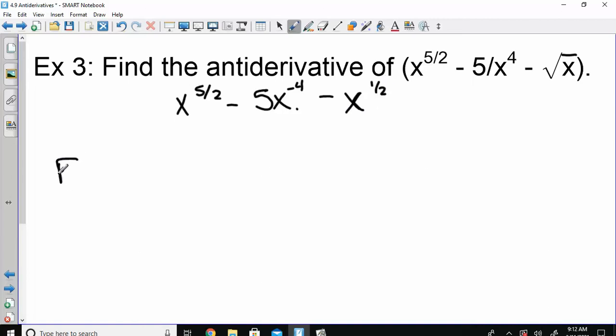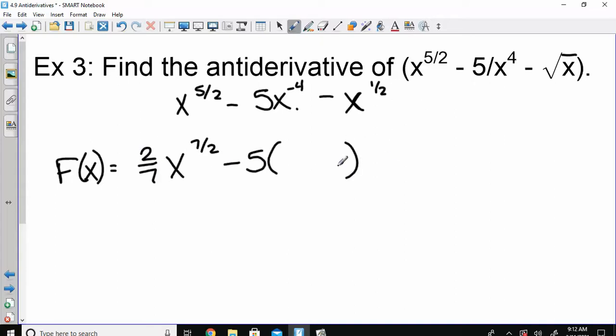So for my antiderivative, I'm going to add 1 to the power. So 5 halves plus 1 is 7 halves. You put the reciprocal in front, so 2 sevenths. Minus 5, and then let's do the antiderivative of the x to the negative 4. So if you add 1 to the power, that's negative 3. So we put a negative 1/3 in front. Minus x to the 1 half.